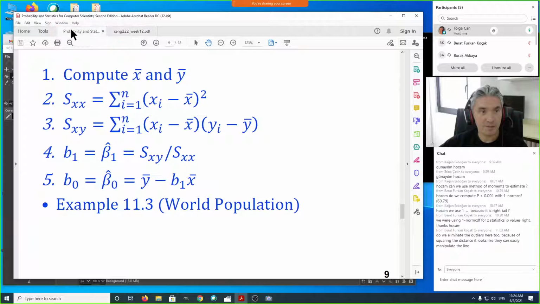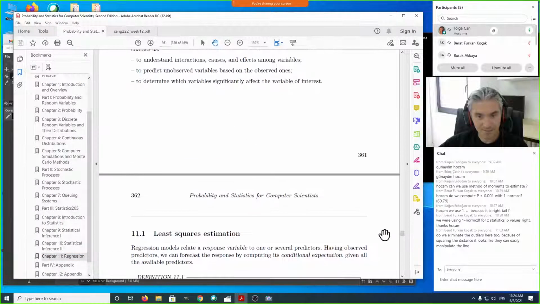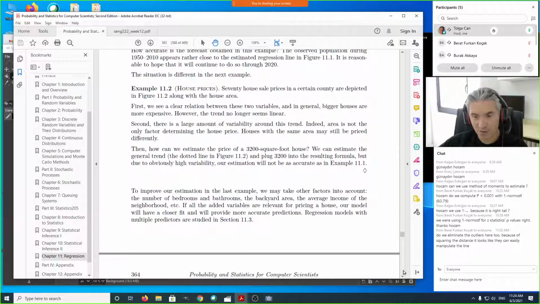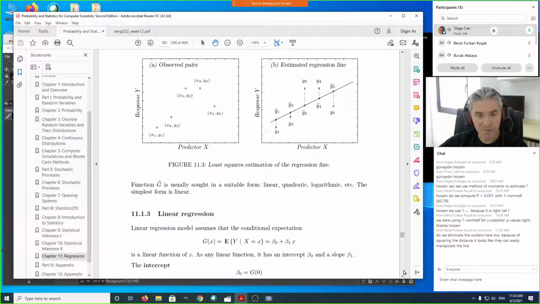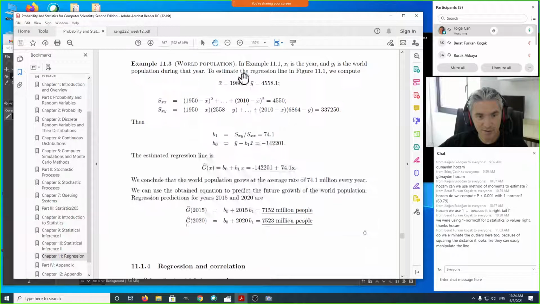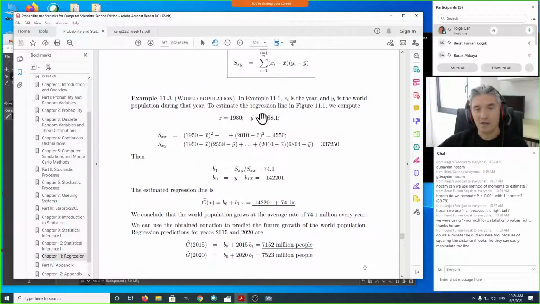If you look at this world population example, 11.3, somewhere here after the house prices, method of least squares, linear regression. In the example, the x values are our years.